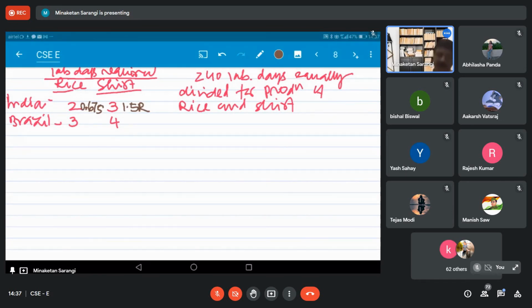Now for Brazil, rice will be 3/4 or 0.75 sat. And sat will be 4/3, 1.33 rice. Is the figure clear? The opportunity cost I calculated is correct? One is 2/3, other is 3/2.